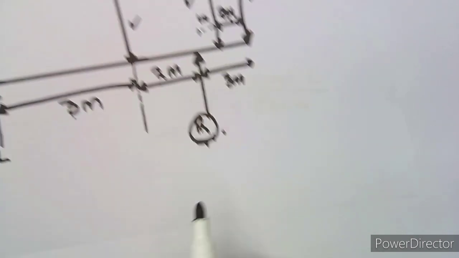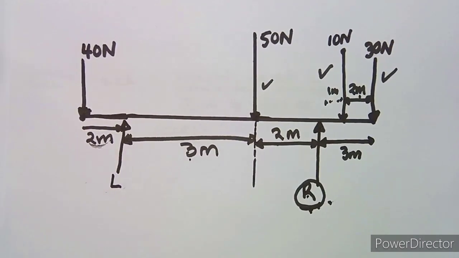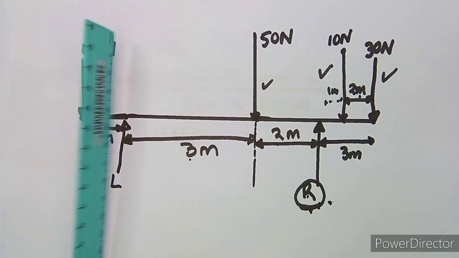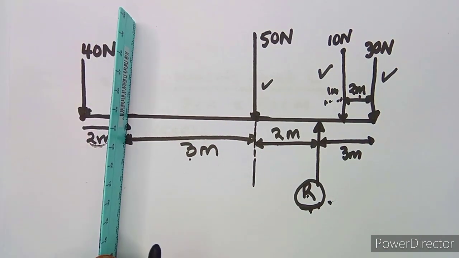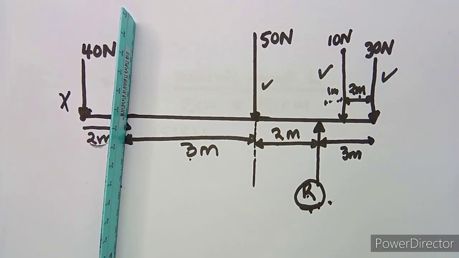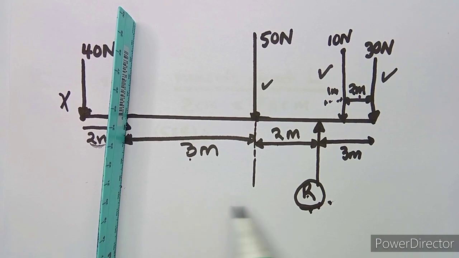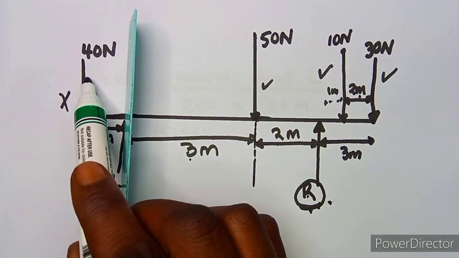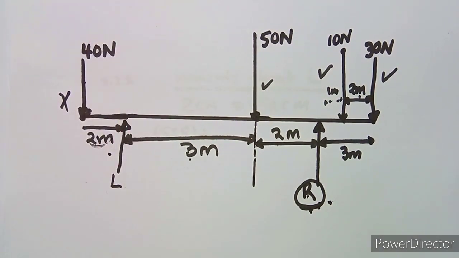So like I was saying, if we take this moment here, there is this part which is remaining here, which is on the other side of R here, of 40, so it's going to work hand in hand with R here, so it's going to be 40 times 2.